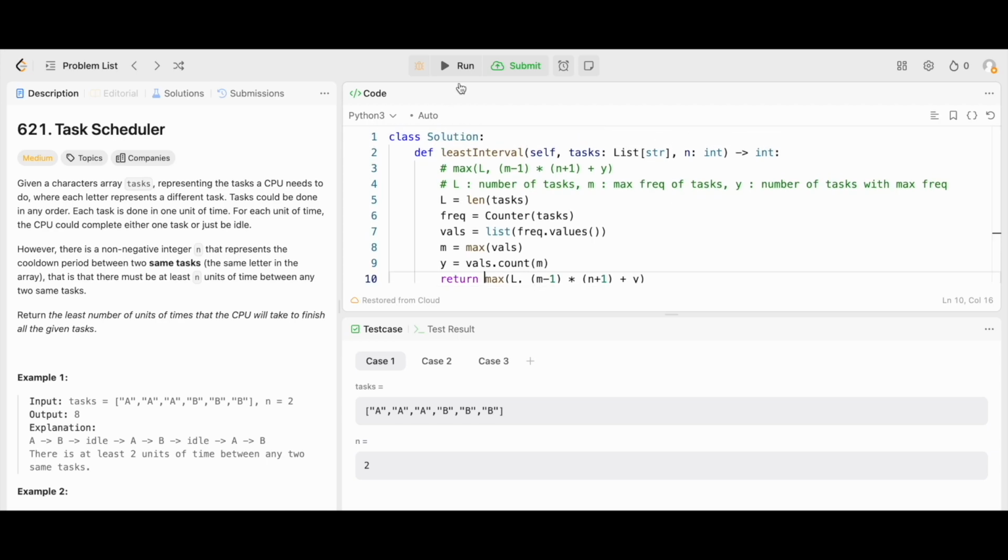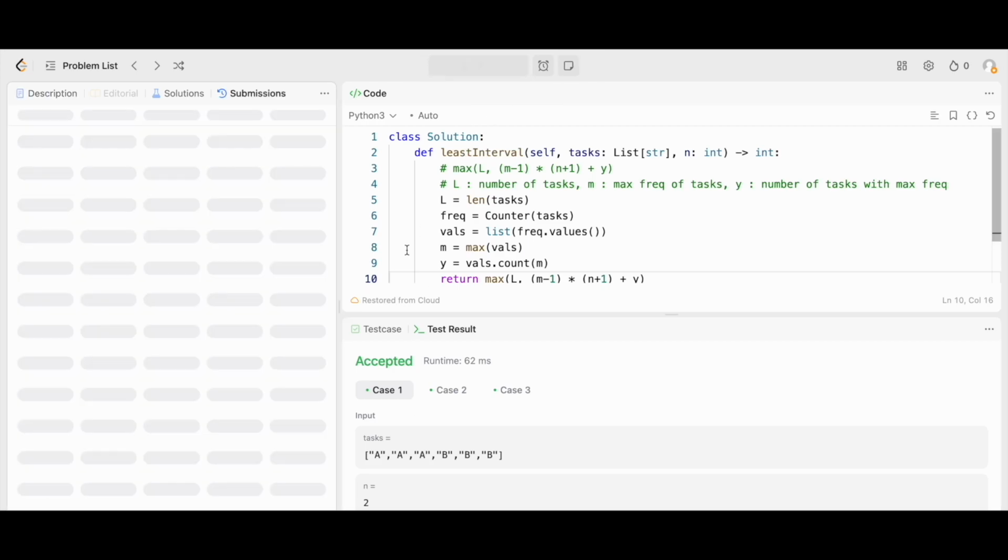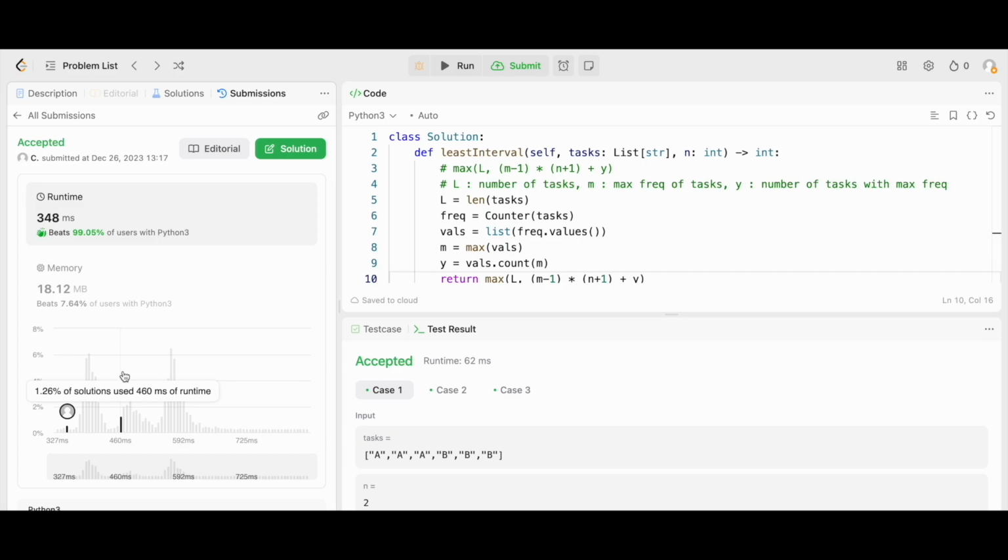So let's try to run the code. It passes the test, submit it. As you can tell, it's the most optimized solution.